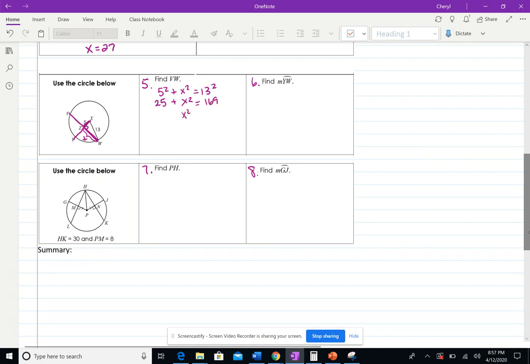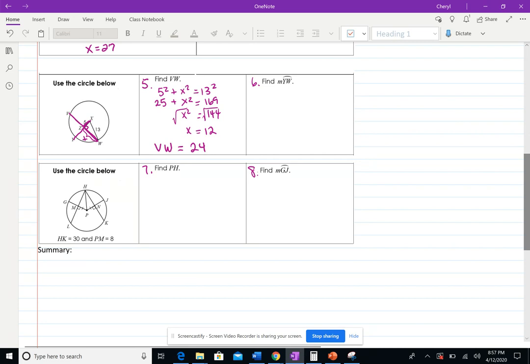Subtract 25 on both sides, we get x squared equals 144. Then take the square root, and we get x equals 12. So if half of that chord is 12, VW is twice 12, which is 24. If you have any questions on that one, send me an email.